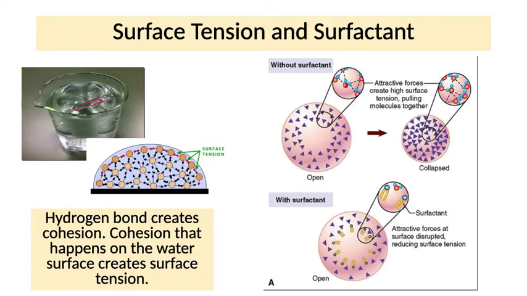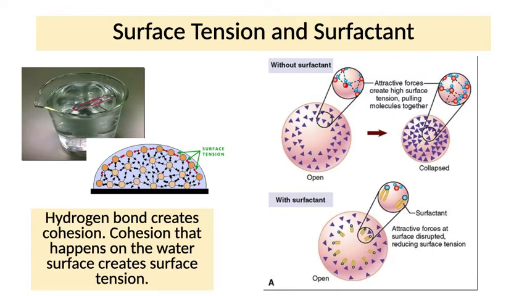So this is the first picture on the left. You can see that on top of the water surface, there is a paper clip. Paper clips are mostly made of metal. Metal should sink in water, right? However, if you place the paper clip very carefully on the surface of the water without breaking the surface tension, the surface tension is actually strong enough to hold the weight of the paper clip.